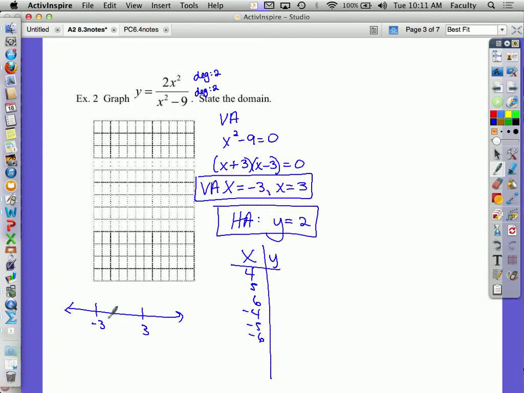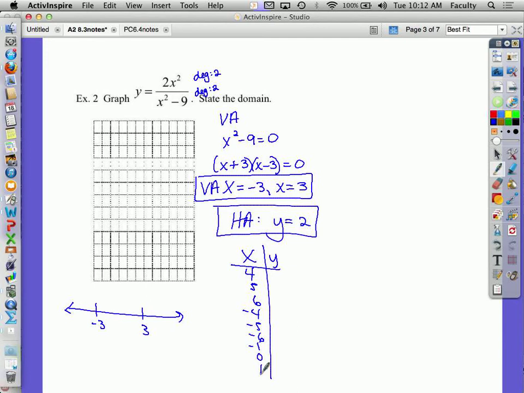And you want to think about it. I would like 0, because 0 is always an easy number to work with. And then you can choose -1 and 1, or you can choose -2 and 2. I think using -1 and 1 will be easier than plugging a 2 in and squaring and adding and multiplying. Okay, so here we go.